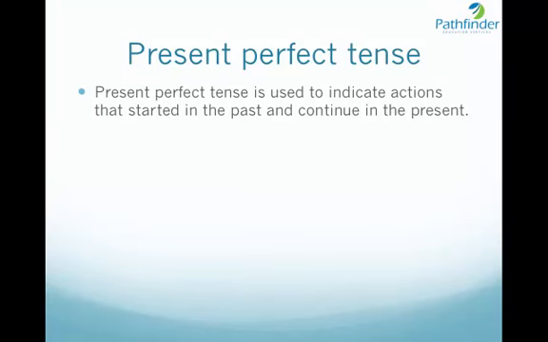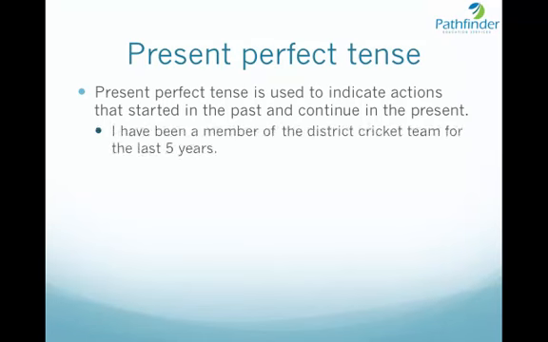Present perfect tense is used to indicate two types of things. Number one, it is used to indicate actions that started in the past and continue in the present. For example, I have been a member of the district cricket team for the last 5 years, which means that I started being a member 5 years before, and even today I am a member of the district cricket team.